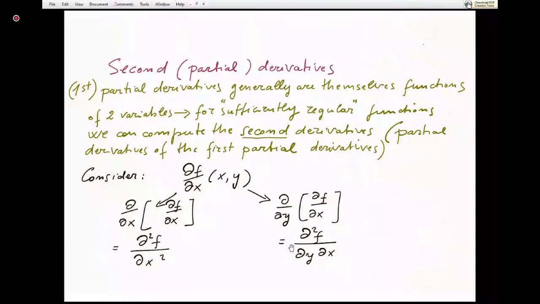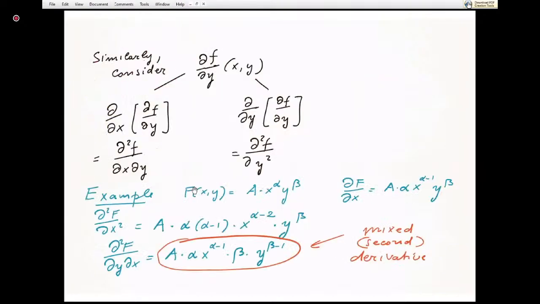If you do the same, we have two more second derivatives, because we have to start from the partial derivative with respect to y now. I don't explain everything here. Start from the partial derivative with respect to y. It is a two-variable function. Compute its two partial derivatives with respect to x and with respect to y.